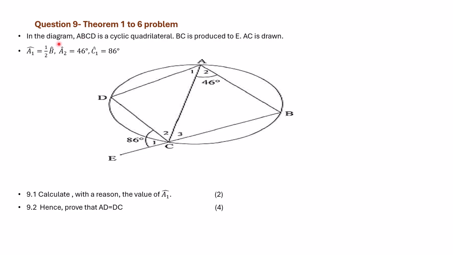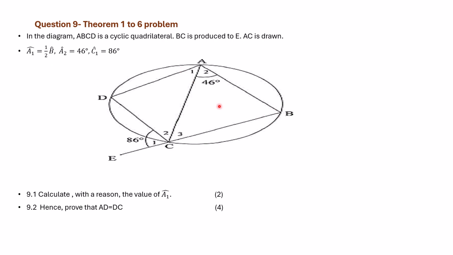So in the diagram, ABCD is a cyclic quad, meaning there are 4 points that are touching the circle at the circumference. BC is produced to E, so BC is extended there to E, and AC is drawn. So there's a diagonal drawn from A to C. Right, they say A1 here equal half the angle of B1.